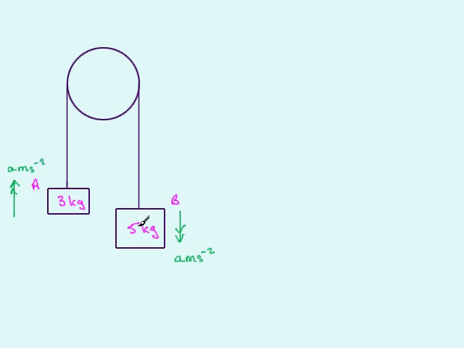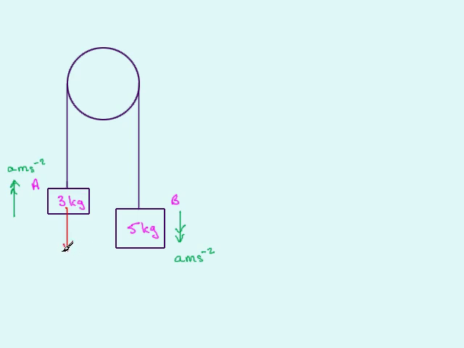So once I've marked in the accelerations, the next step is to mark in the forces acting on each of the two particles. Now any particle has a weight, and that will act downwards, and it's always equal to its mass times acceleration due to gravity.